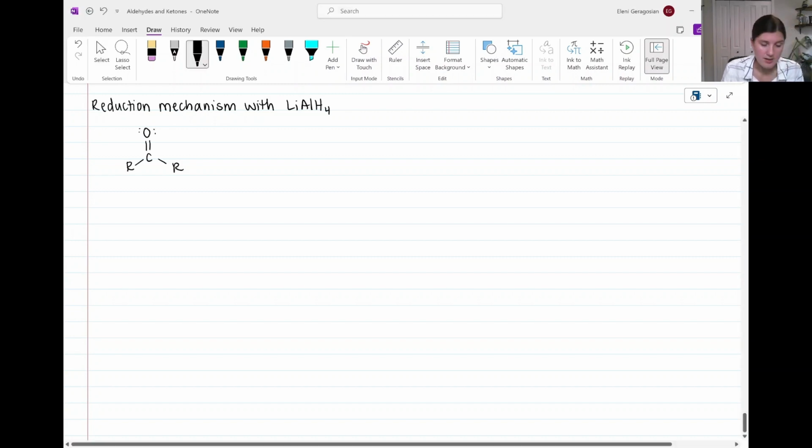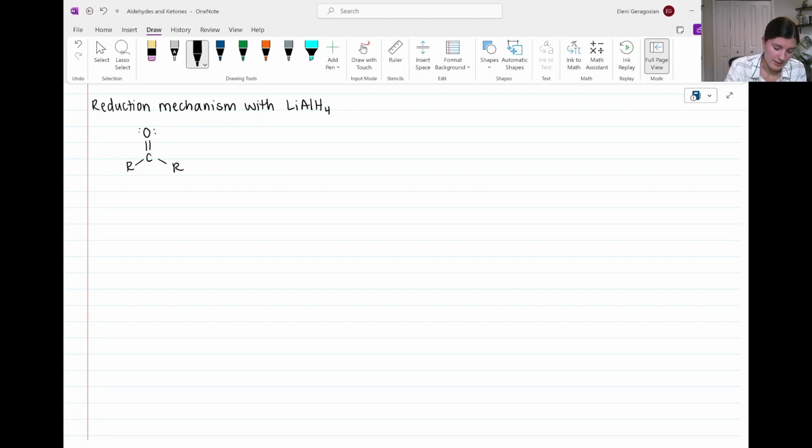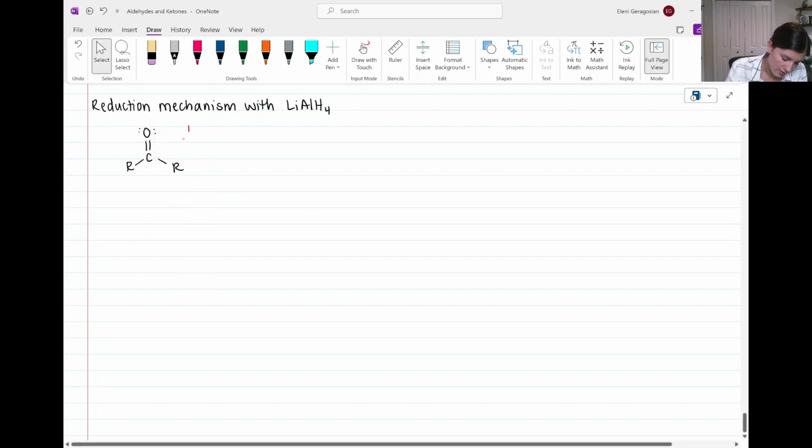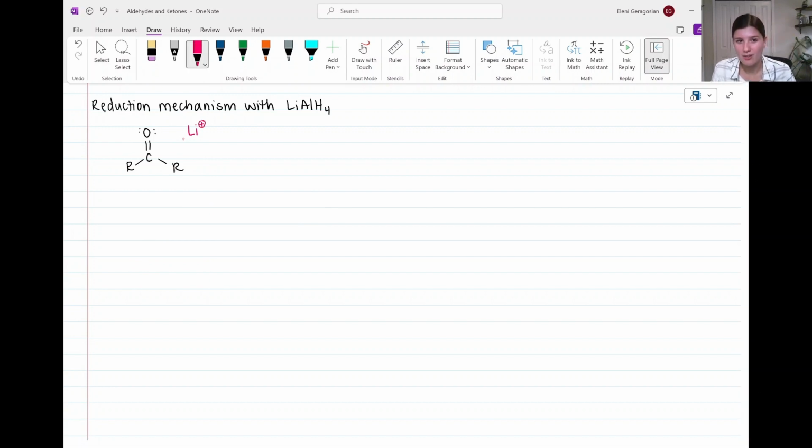We have lithium and the aluminum hydride anion. The lithium is present in solution with a positive charge, that's an open shell, lithium lost an electron. The lithium coordinates, this is not really a formal bond, but it's a coordination between oxygen and lithium.